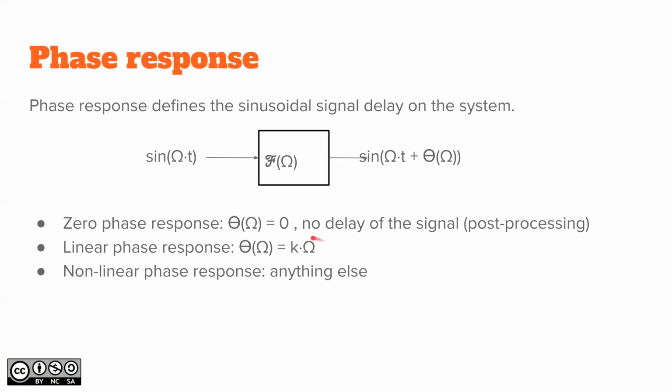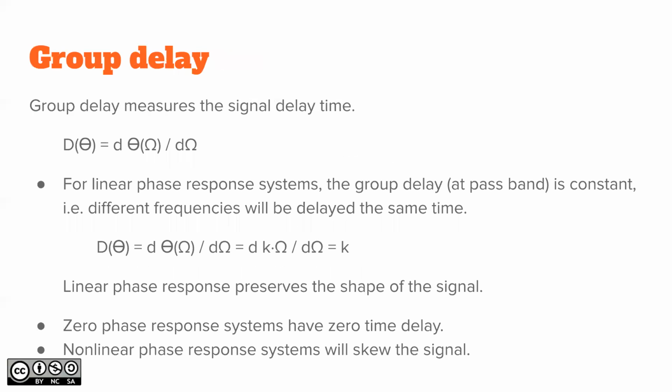Linear phase response means that the phase response is linearly proportional to the phase angle. So it's just a constant k times the angle. And nonlinear phase response is anything else. Another idea is the term group delay.